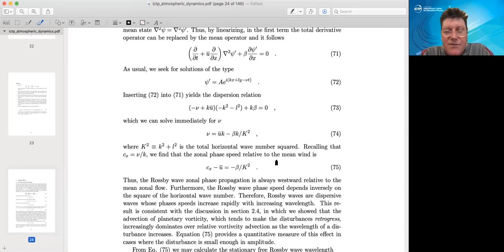This tells us that Rossby waves, with respect to the mean flow, so assume for the time being the mean flow is 0, then Rossby waves can only propagate to the west in negative x direction with respect to the mean flow.